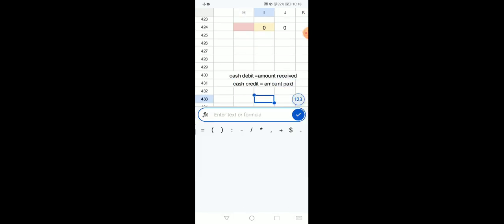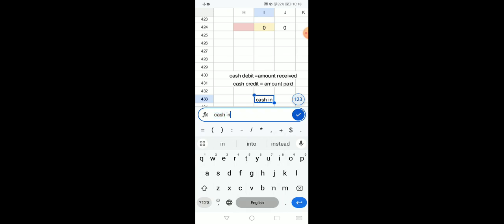Now make a comparison of both things. The debit side is showing the amount received, the credit side is showing the amount paid. If you subtract both amounts, what will you get? When you subtract cash paid from cash received, you will get what we actually have, cash in hand. How will you get cash in hand?